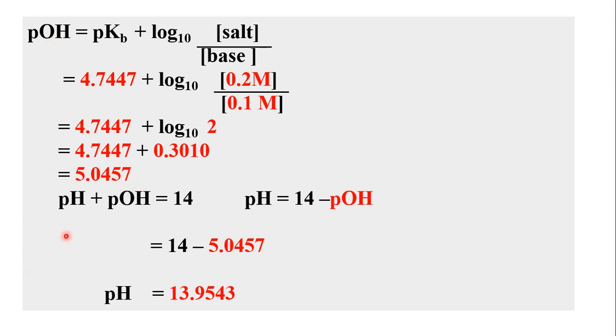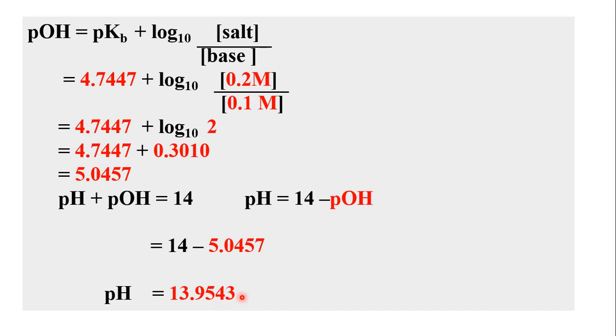Now once you get pOH, you can calculate pH using this equation, that is pH plus pOH is equal to 14. Therefore pH is equal to 14 minus pOH. So subtract this value of pOH from 14. So 14 minus 5.0457, that is equal to 13.9543.